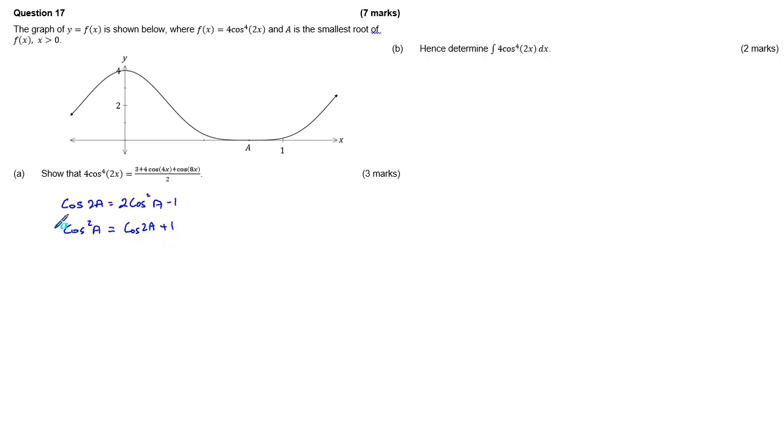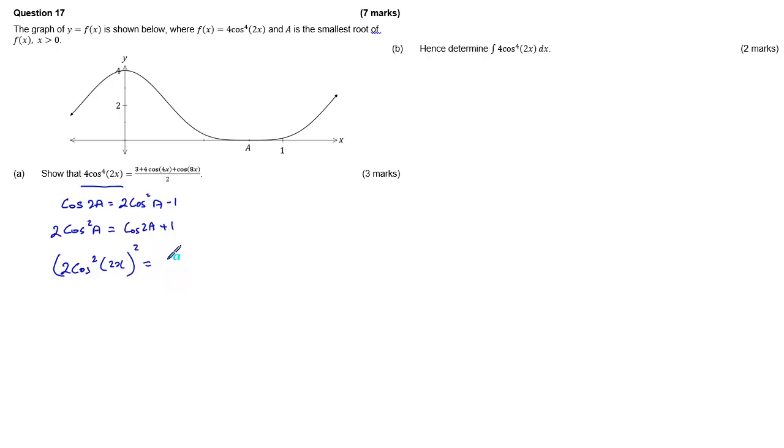In fact, what I'm going to do instead is say 2 cos squared a is equal to cos 2a plus 1. So if we look at this, that's 2 cos squared 2x squared.